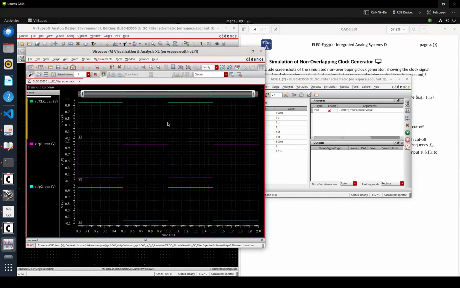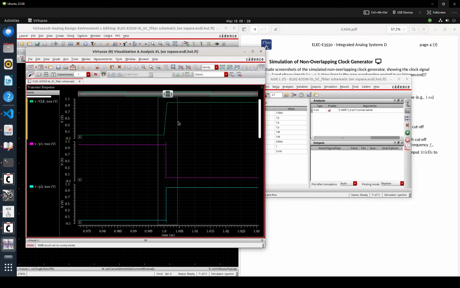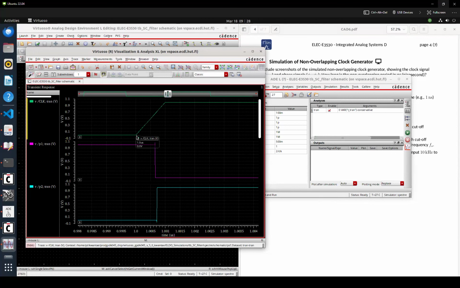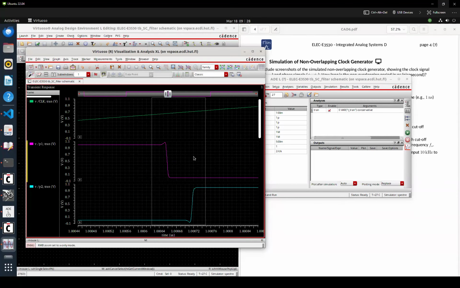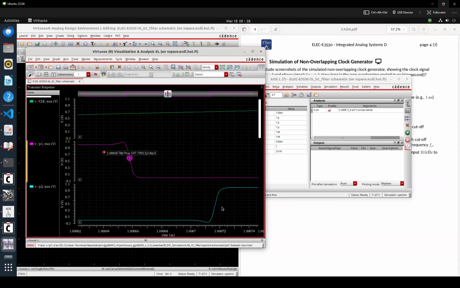If you zoom in on this little area, you can see that its rise time is 1 nanosecond, and our digital circuit is quite fast, with less than 1 nanosecond response time. You can see that there is a non-overlapping window, right?